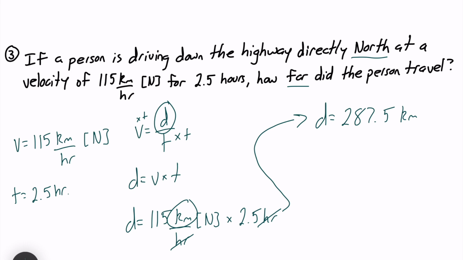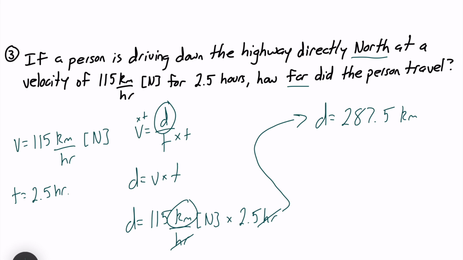A couple things to discuss here before we finish up this question. First off, the question just asks how far did the person travel, so that doesn't necessarily mean that we have to include the direction. If the question instead asked for displacement, then yes, we would need to put the direction. But I'm going to leave it so that there's no direction here. It just wants the distance traveled or how far the object traveled.